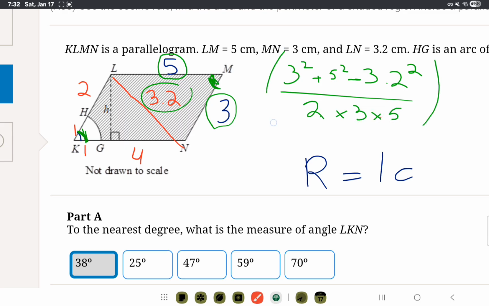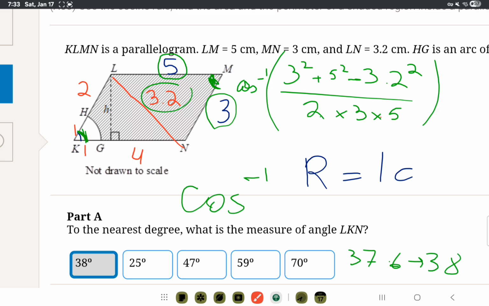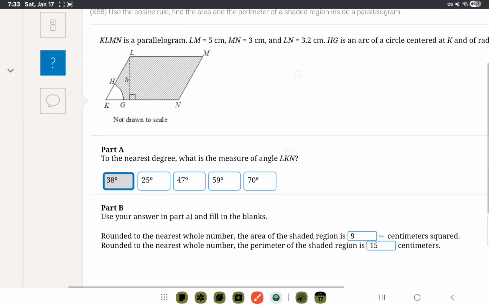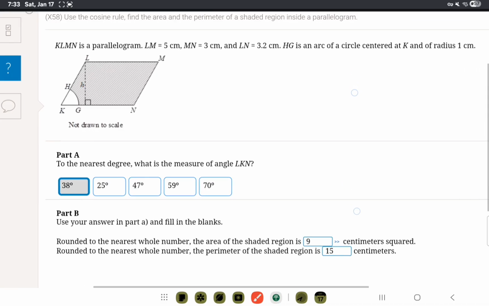All of this to the power of cosine minus 1. So on your calculator, shift cosine, so you get cosine minus 1. 3 squared plus 5 squared minus 3.2 squared, over 2 times 5 times 3. I get 37.6, which is 38. That's it. Let's go.